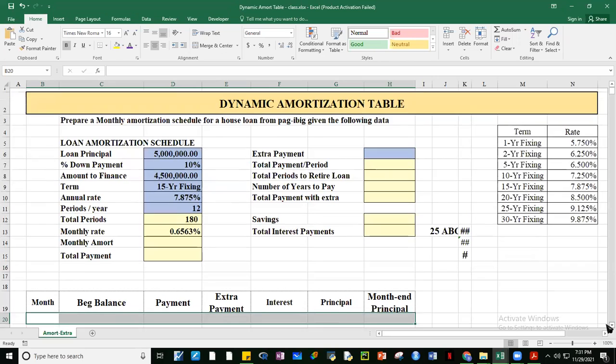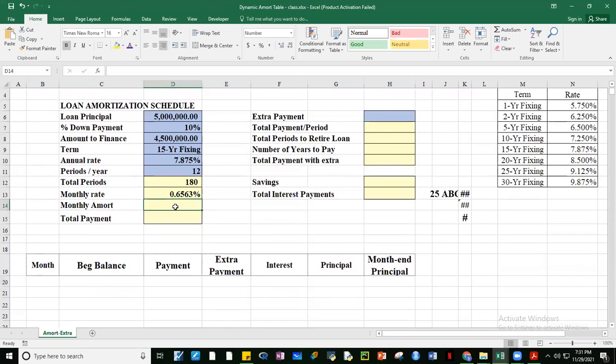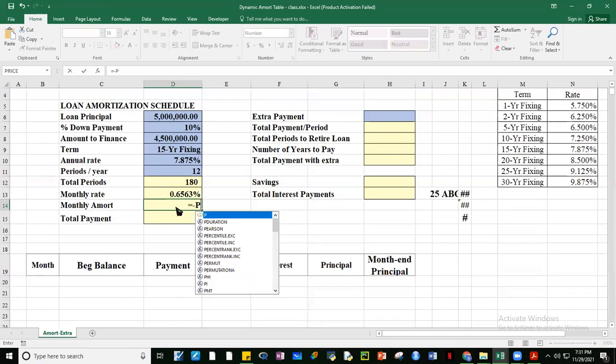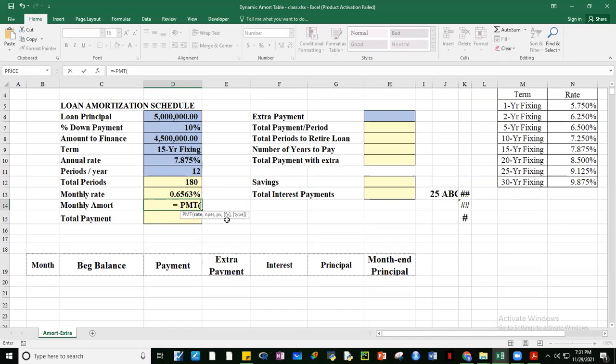Okay, so what will be our monthly amortization is equal to negative PMT. So PMT to, I'm putting here negative para maging positive yung answer natin. Ano yung rate natin? Rate natin is monthly rate, this one, comma, okay? NPER natin is 180, comma. PV natin is itong 4.5 na to, di ba? Okay?